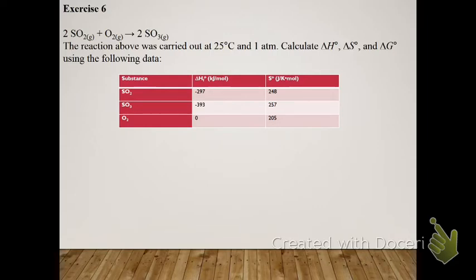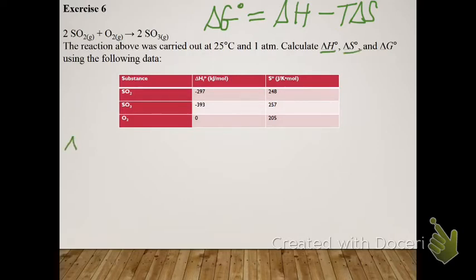Next way is calculate, this is going to be a long one. Calculate delta H, delta S, and delta G. So ultimately, we're going to need this equation at the end. Delta G is equal to delta H minus T delta S. But before we can do that, we're going to have to calculate those two. So delta H is going to be 2 times negative 396.